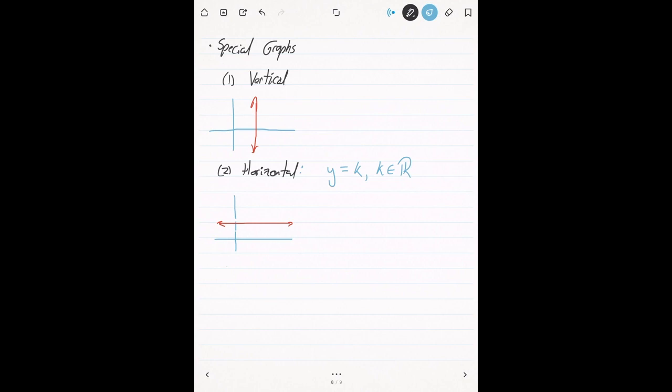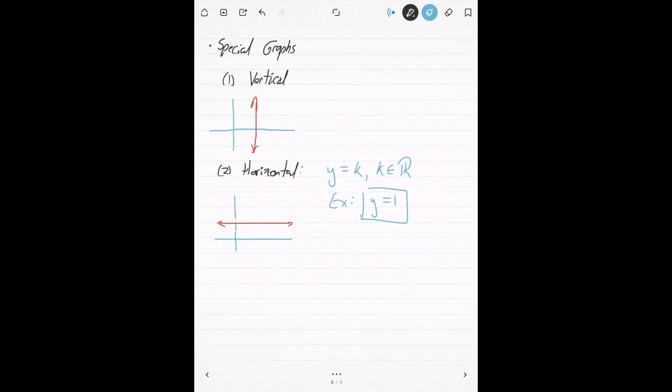Here's an example, y is equal to 1. Okay, this is a linear equation in two variables. And you must be saying, Linford, there's no way. Two variables, there's only one there. How could this be a linear equation in two variables?